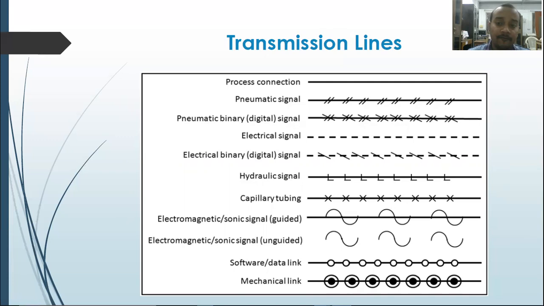That means for each and every signal we have a different representation. Without talking much more, using the diagram we can get the information. No need to talk and no need to think about the transmission lines. So easily we can identify it.